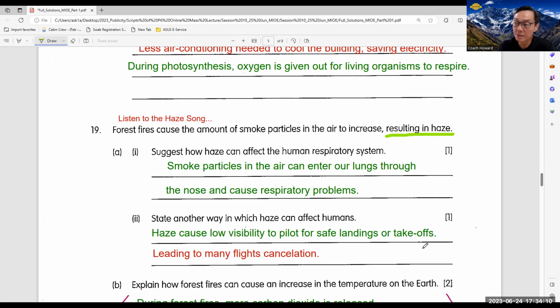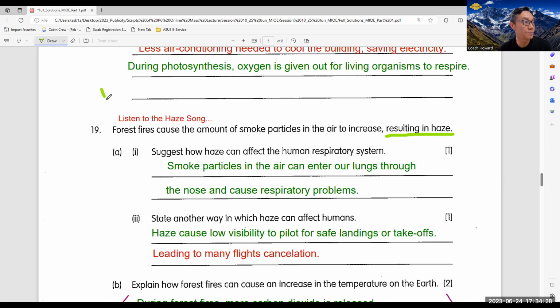it has affected Singapore's tourist industry, because the haze actually deterred many tourists from coming to Singapore. They do not want to come to Singapore to breathe in and suffer any respiratory issue. So that's why during that time, many of us were suffering.